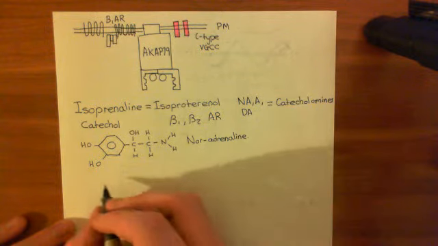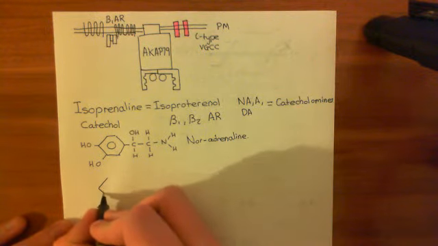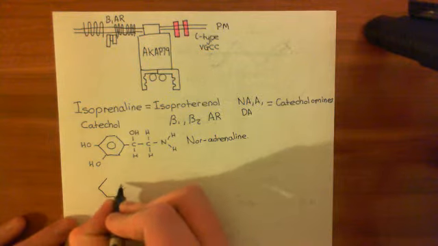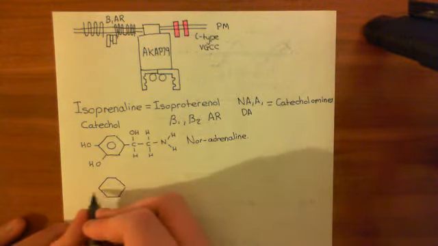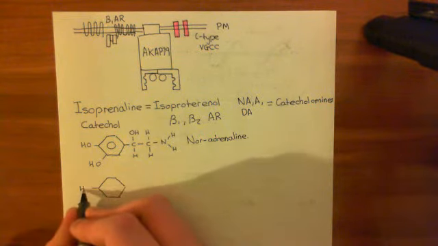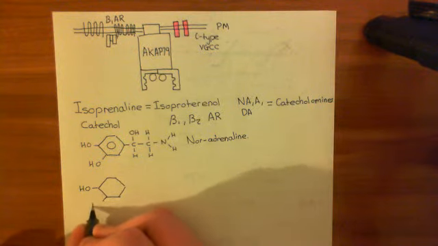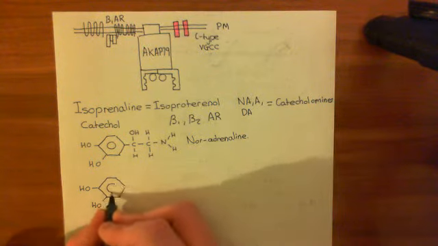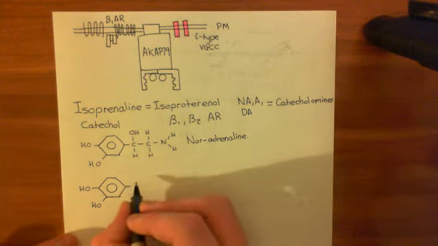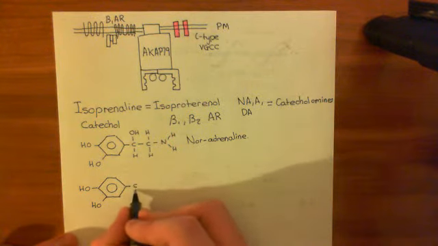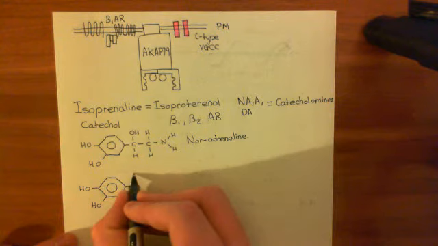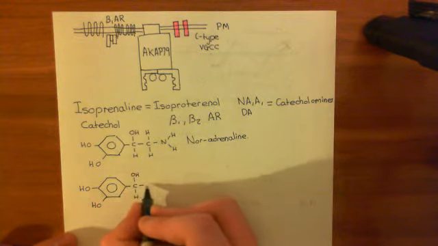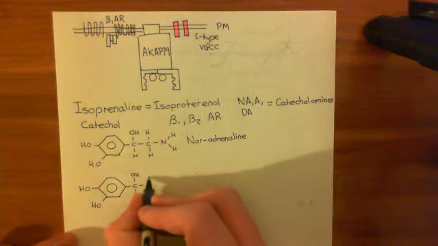Right, so now let's see the structure of isoprenaline or isoproterenol. So basically what we do is we slightly modify this structure here. Okay, so you keep all of this bit the same, so you've still got the catechol ring with these 2 alcohol groups off the benzene ring. Okay, then off here you have the carbons coming again with this alcohol group here. Okay, another methylene group.